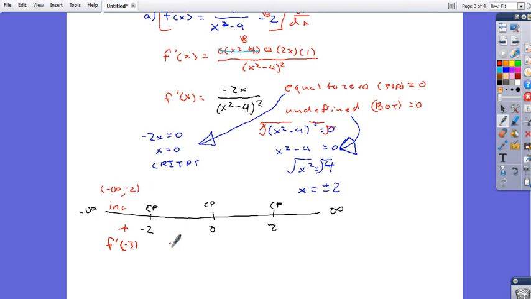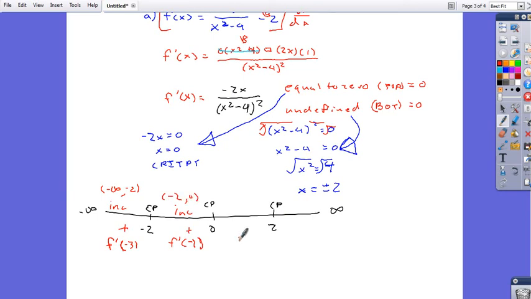And here, f prime of negative 1. Still 2 negatives make a positive, so we're increasing on the interval negative 2 to 0.